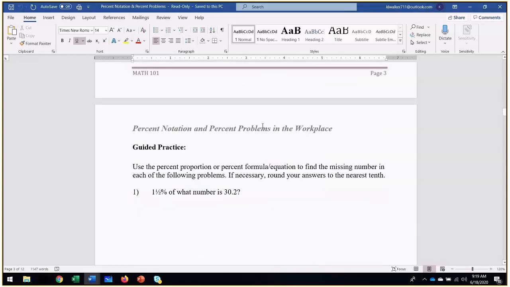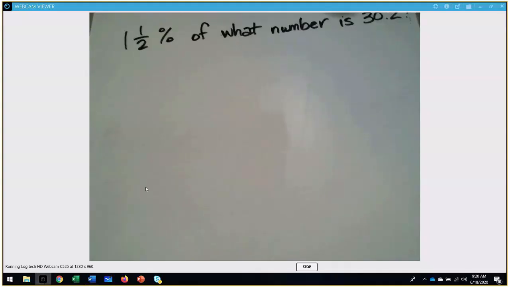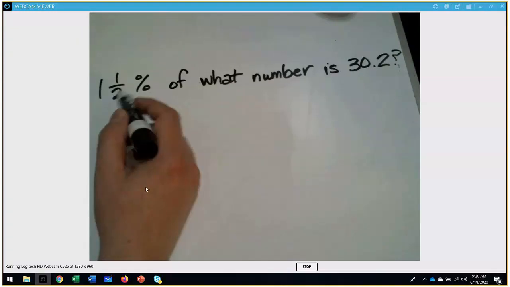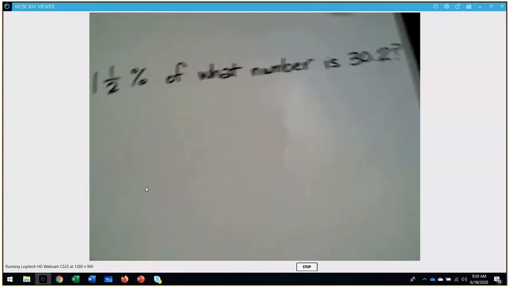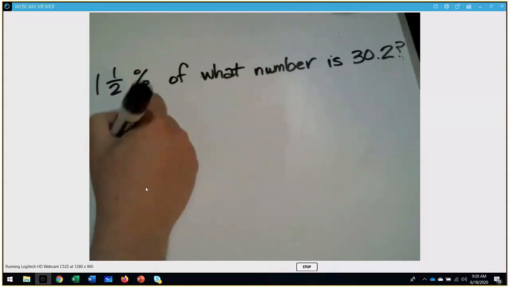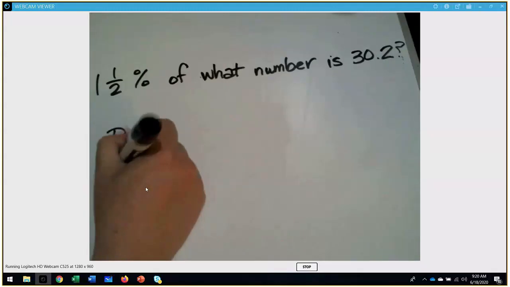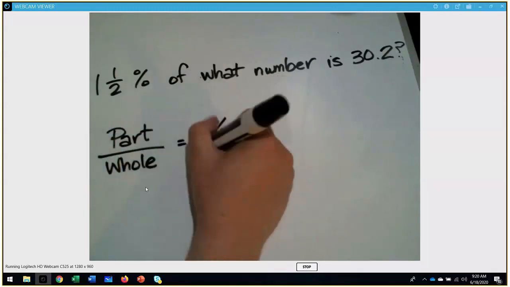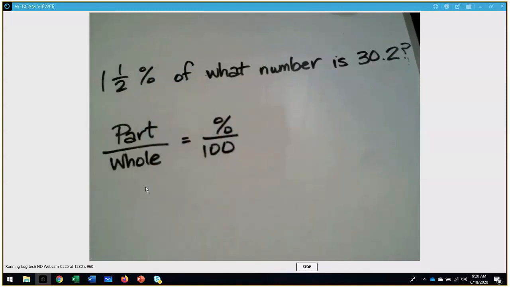Okay, so let's look at this one here first. We've got 1.5% of what number is 30.2. I'm going to show you how to use this method first, and then we'll do the same problem again with the other method.